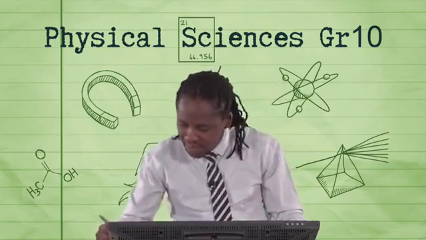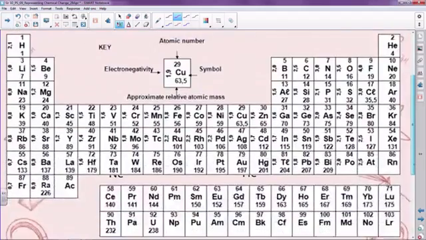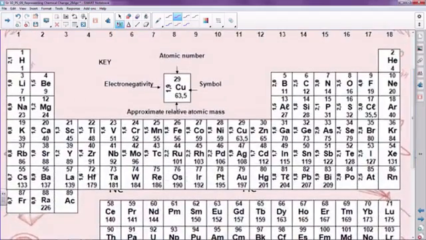Right, now the first element that we have is sulfur. There is our sulfur from the periodic table. The relative atomic mass of sulfur is 32 grams per mole, or 32 atomic mass units, as we discussed in the first term.